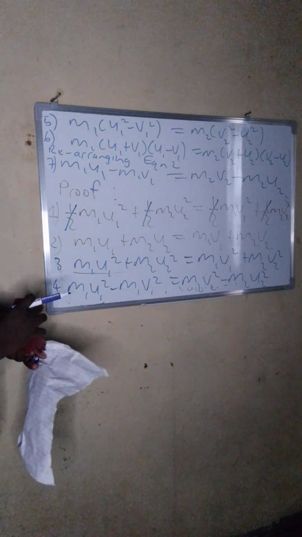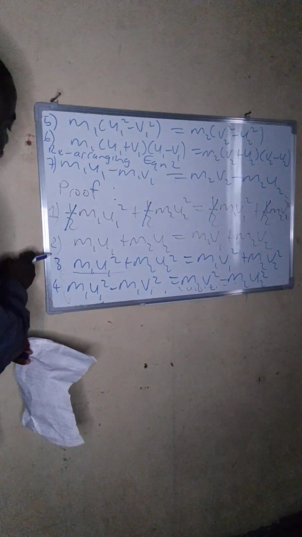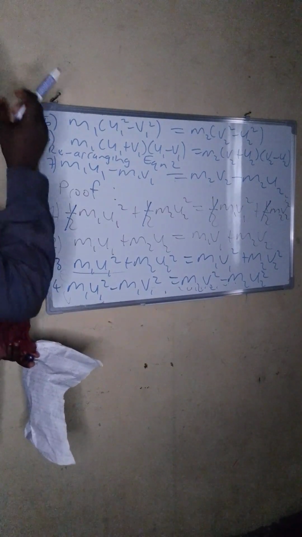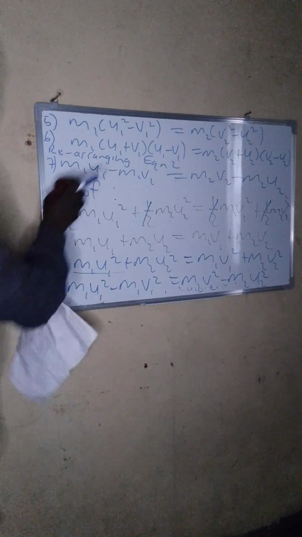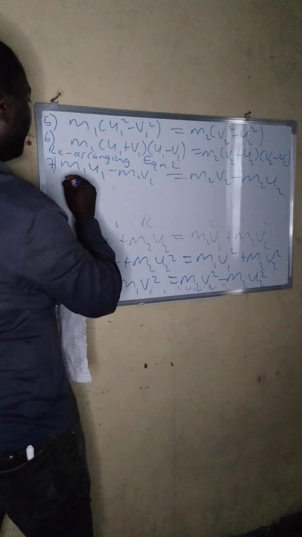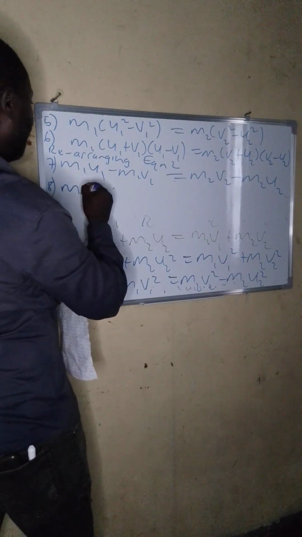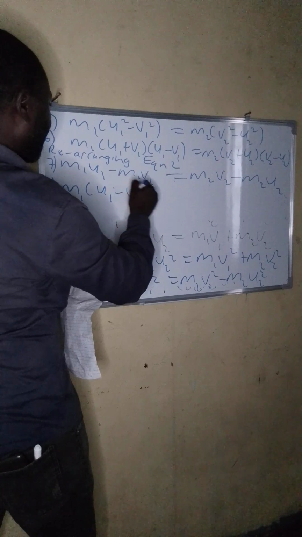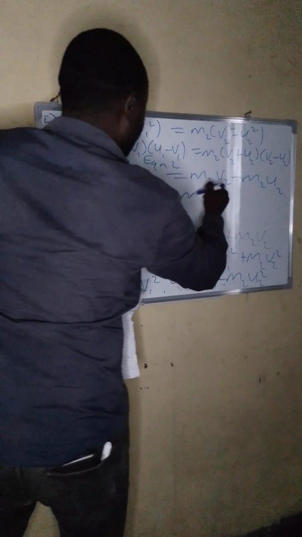Can you see it? So we've got equations 1 up to 8.